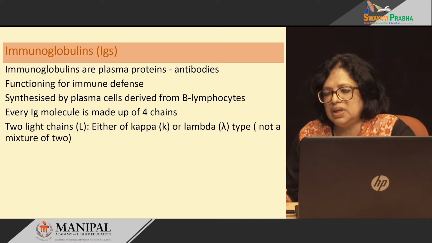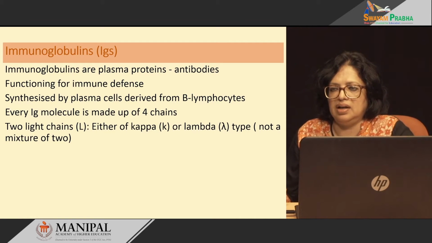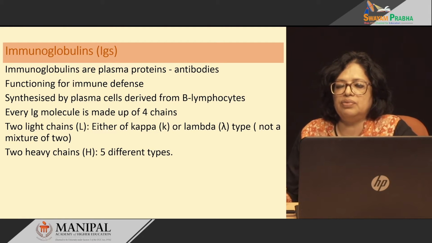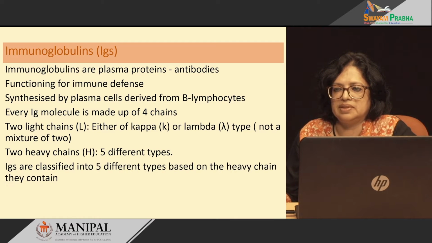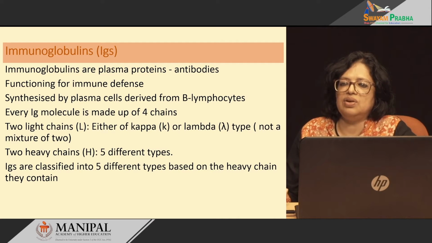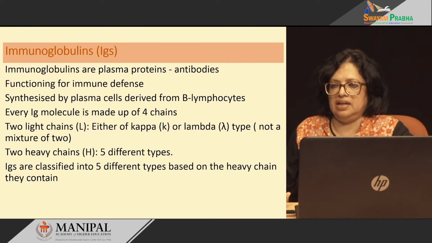Both of them should be either kappa or lambda. Then there will be 2 heavy chains, denoted by a capital H, and these heavy chains are of 5 different types. Immunoglobulins are classified into 5 different types based on the heavy chain they contain.